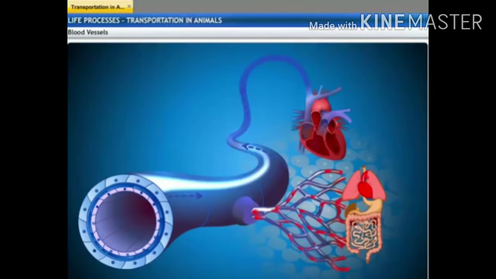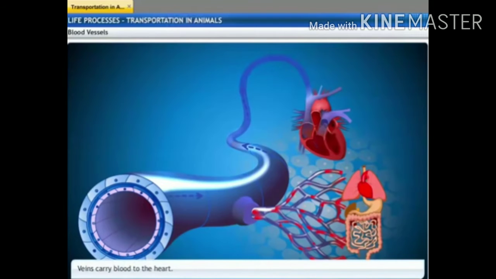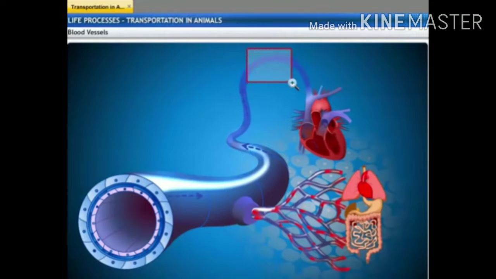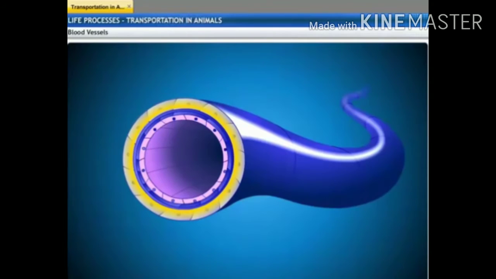The capillaries then join to form veins that carry the blood away from the organ or tissue. Veins collect blood from different organs and transport it back to the heart. As compared to arteries, veins have thinner and less muscular walls.